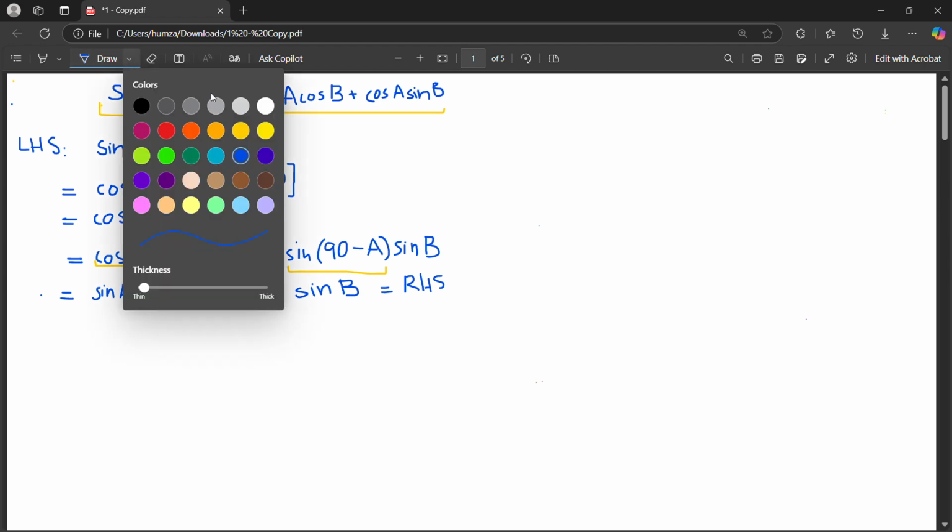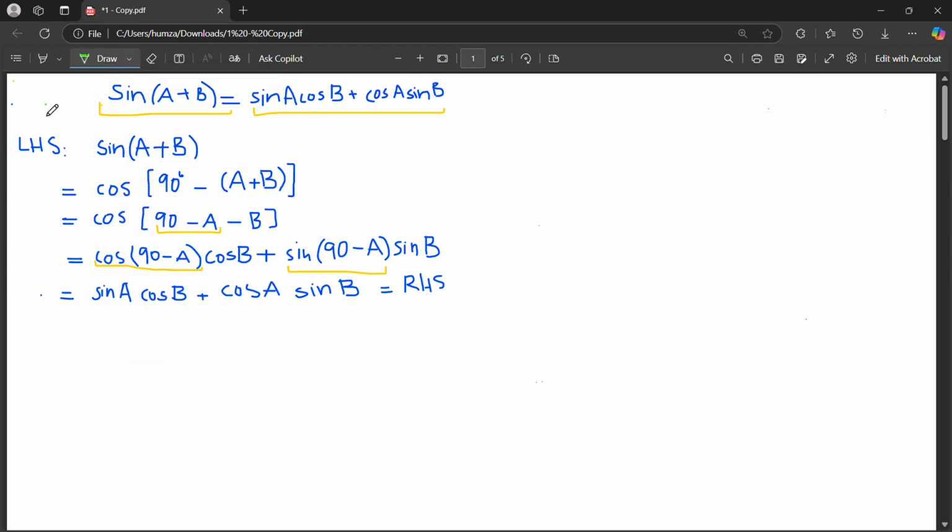Now the pattern we need to identify is sin cos, cos sin. This is the pattern we need to identify, right? When we were looking at cos(α − β), it was cos cos, sin sin. The pattern was cos cos sin sin, and we give one angle each to cos and sin, and then we look at the positive or negative sign in the brackets, and we make sure that we use the opposite sign in the expanded form.